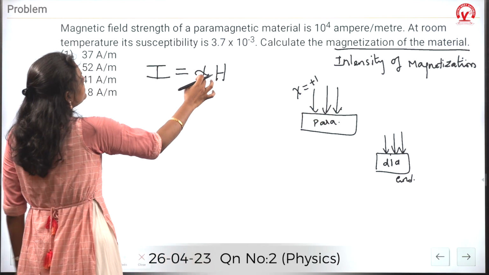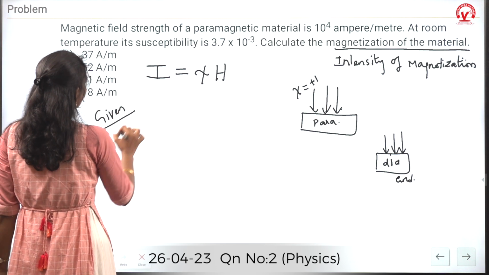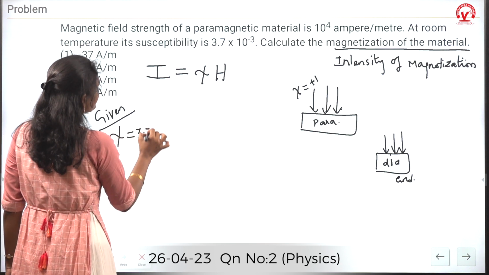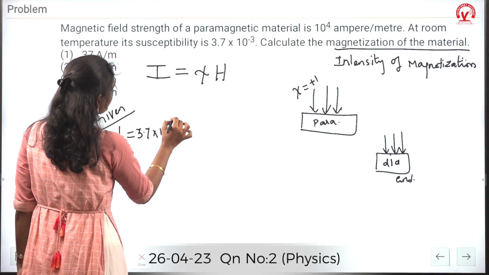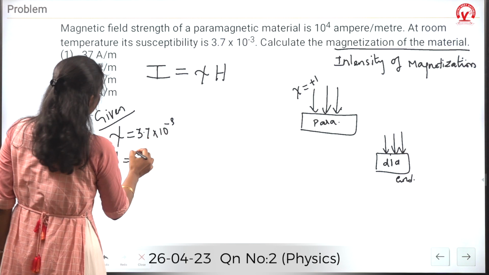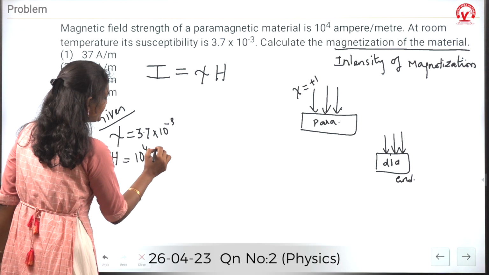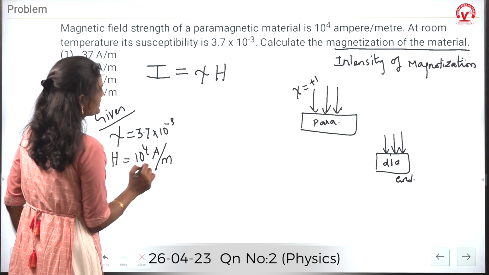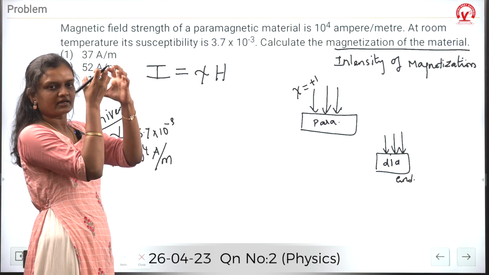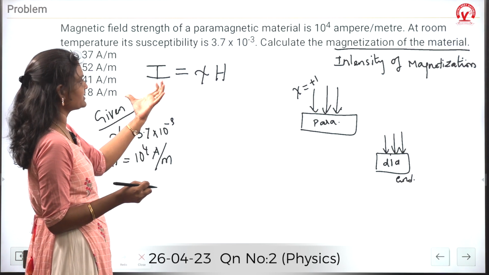They gave the value of chi: chi is equal to 3.7 × 10^-3, and the magnetic field strength H is equal to 10^4 ampere per meter. The magnetic field is absorbed by the material, and how much it is absorbed is the intensity of magnetization.